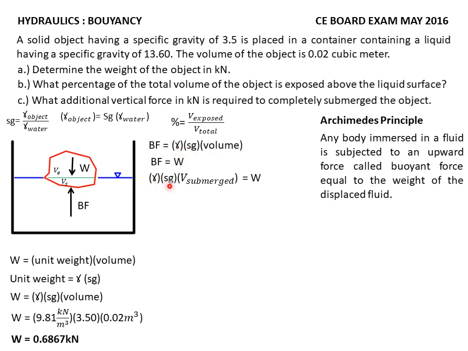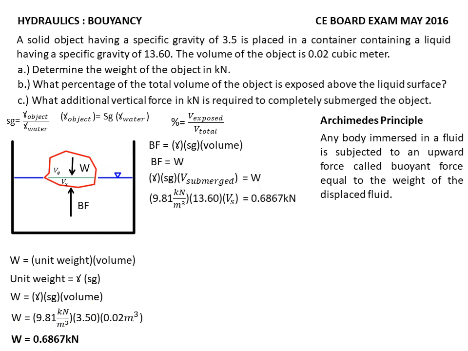The buoyant force is equal to the weight, so the unit weight of water multiplied by the specific gravity of the liquid times the volume of the submerged is equal to the weight, and we already have the weight of the object.